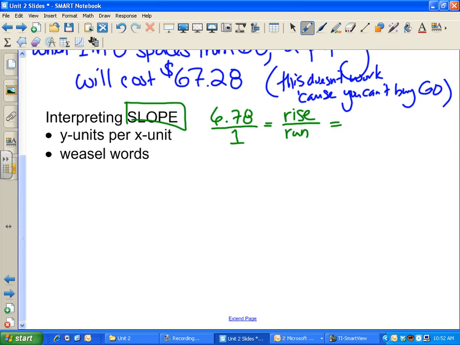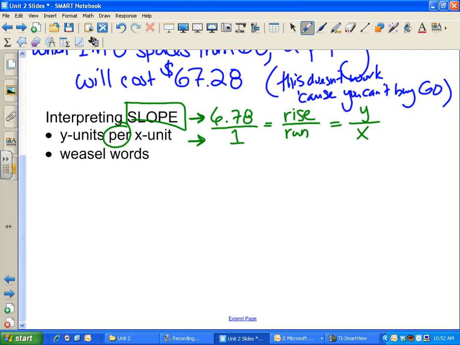Rise on the coordinate plane is the y, and run is the x. So we're changing 6.78 in the y direction per 1 in the x direction. And that's what's going on here. That's why I wrote y units per x unit. Y is changing or rising this much when x changes 1.